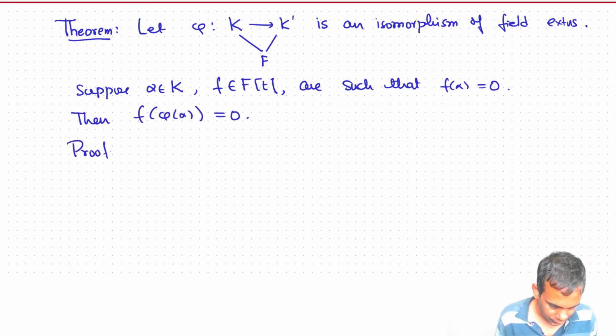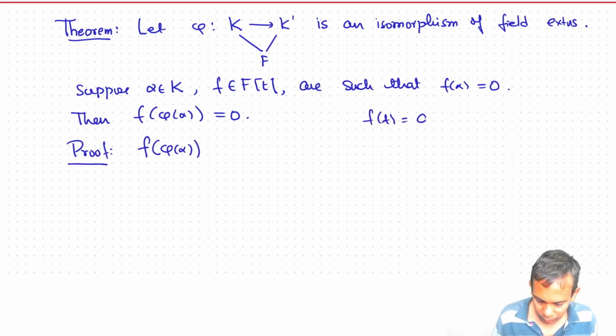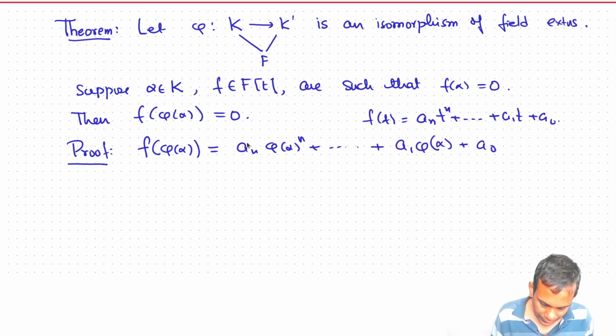This is rather straightforward. So let's just look at f of phi alpha. Let's say that f(t) is the polynomial a_n t to the n plus ... plus a1 t plus a0. Then f of phi alpha is a_n phi(alpha) to the n plus ... plus a1 phi(alpha) plus a0. Now a_n up to a0 are all elements of F, so phi of a_i is equal to a_i.